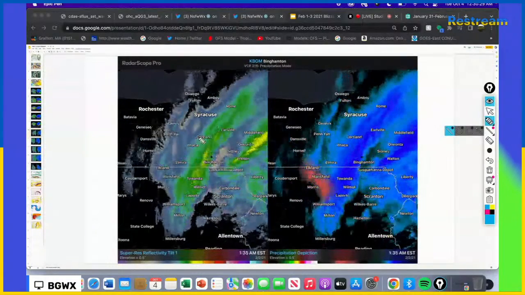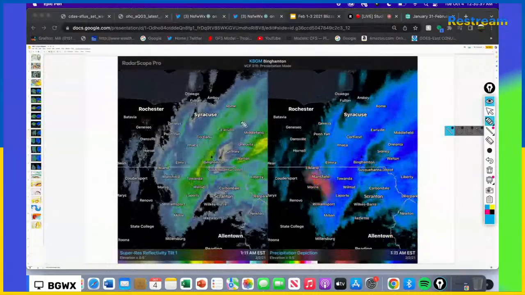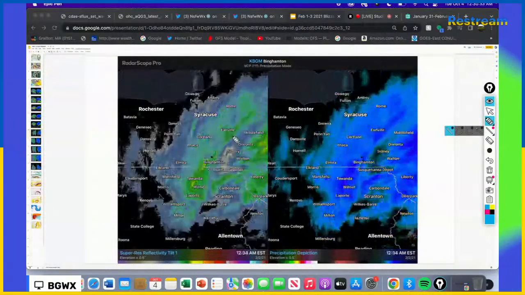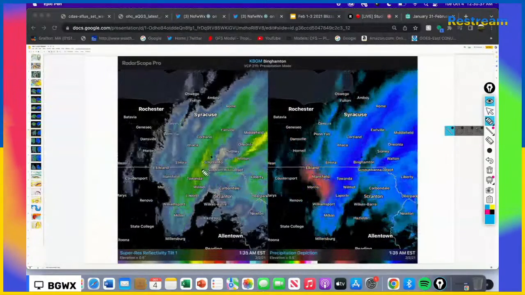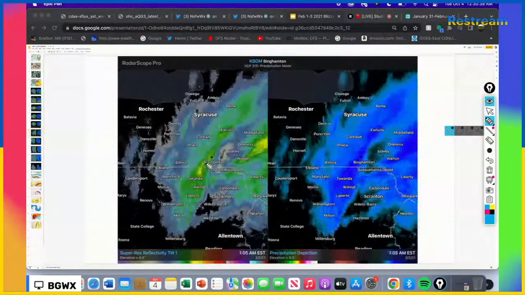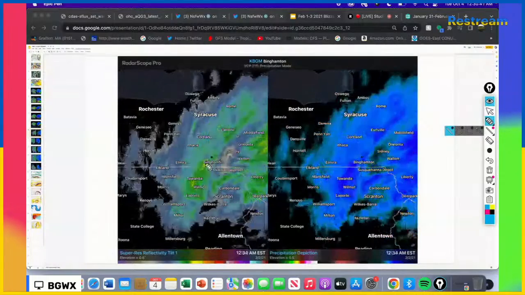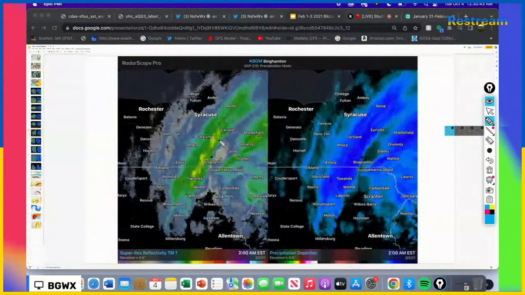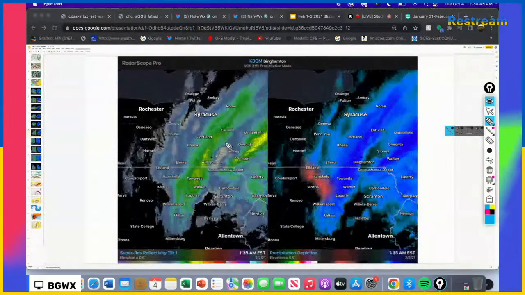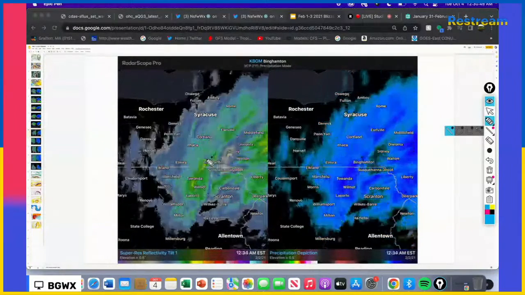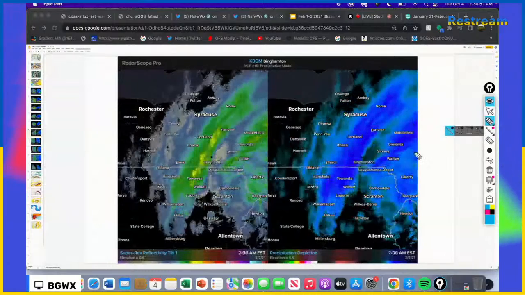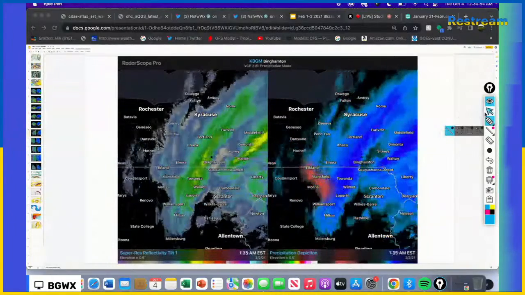But there were still pretty good mid-level dynamics that were being advertised. So this wasn't really caught out of the blue, but it wasn't matching quite on the surface. A lot of times the surface P-type maps, precipitation type maps, don't always match up well with how the banding sets up, so that can be a little difficult sometimes to forecast.